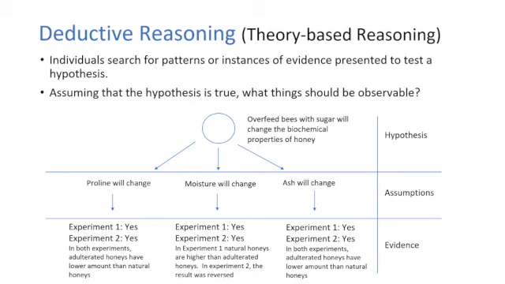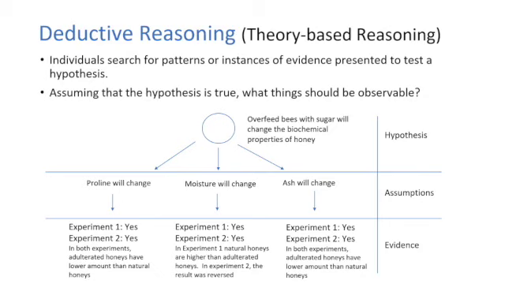Then we compare two sets of data that were generated by scientists. After the data, we learned that in terms of purulence, in both experiments, adulterated honey has a lower amount than natural honeys.